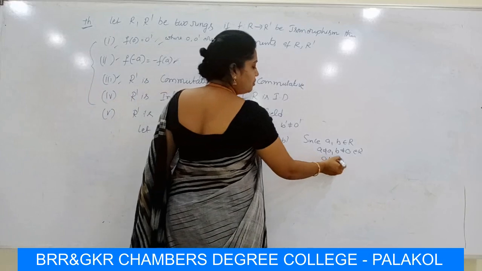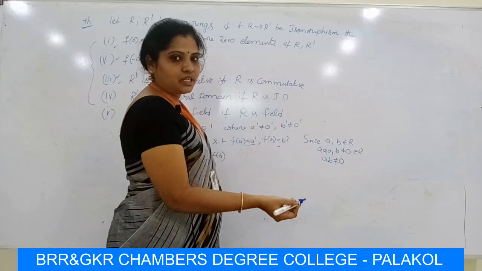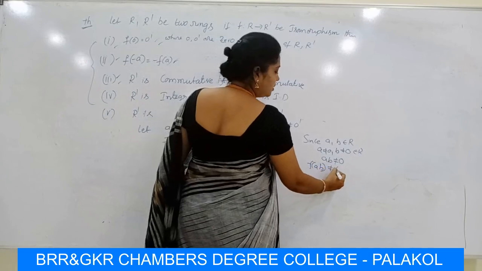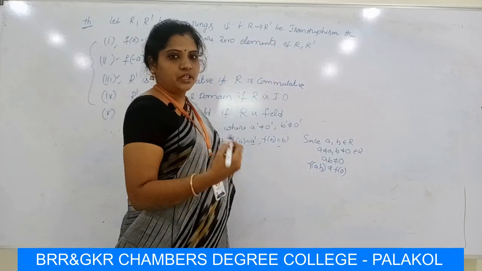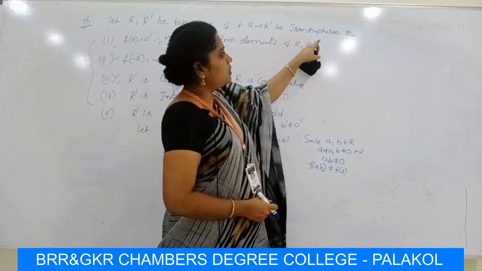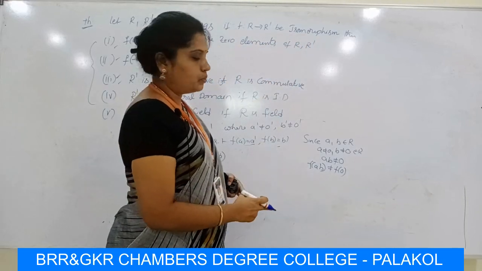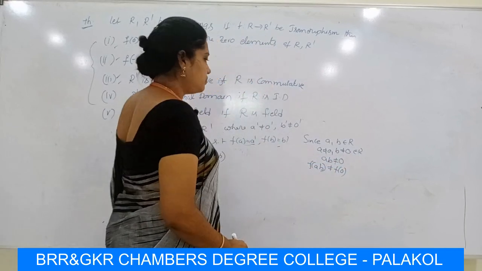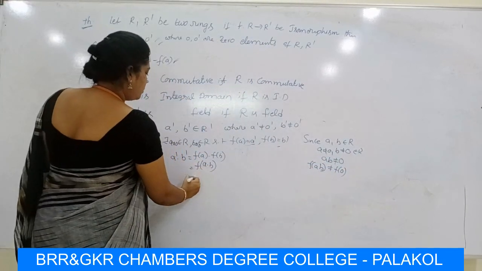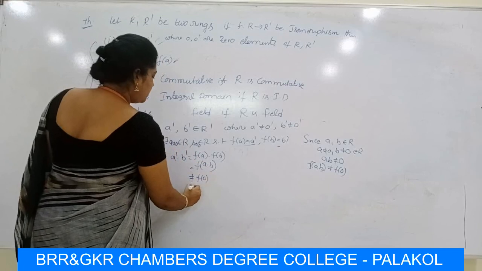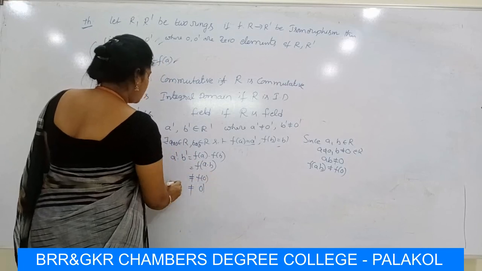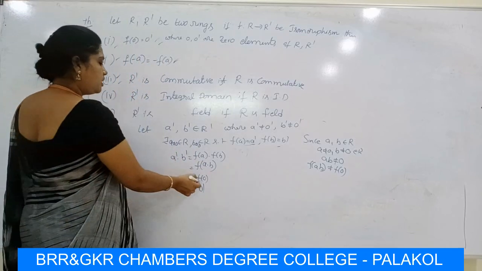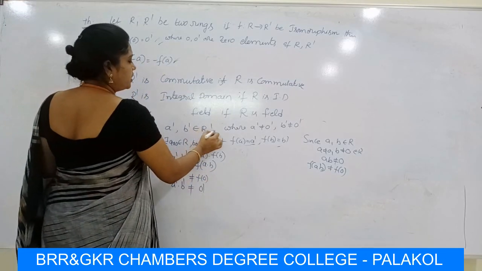Then here ab is not equal to 0, then its image f(ab) is also not equal to f(0), because here f is an isomorphism, that means f is one-one and onto. So then f(ab) is not equal to f(0), that implies it is not equal to 0'. Now a' into b' is not equal to 0', the zero element of R'.